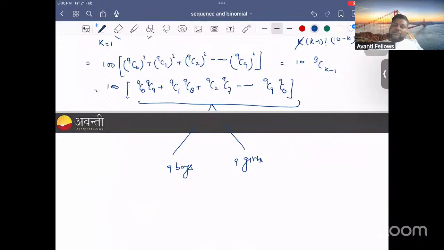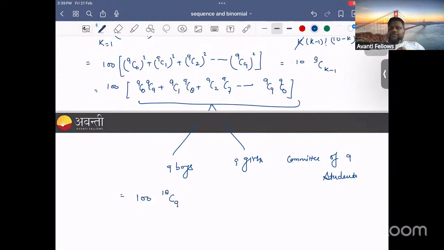So how is this possible? You do not select any boy, you select all 9 girls, or you select one boy and you select 8 girls, or you select 2 boys and you select 7 girls, or you select all the boys, you do not select any girl. So this comes out to be 100 times 18C9.